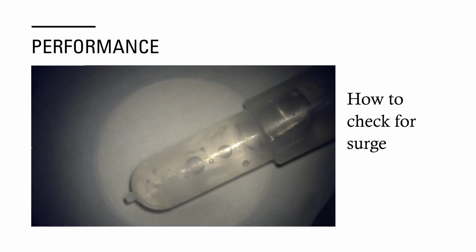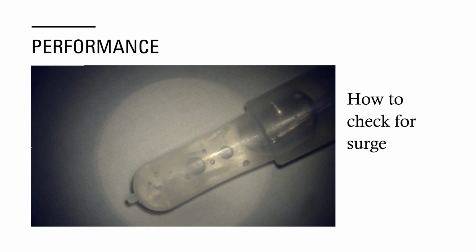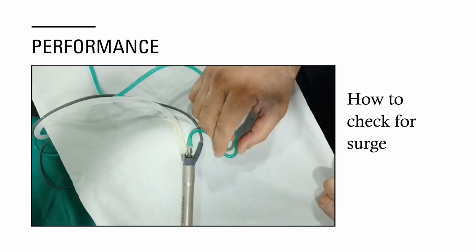This can be checked again and again, and you will know what vacuum is suitable for your machine. In that scenario, you need to reduce the amount of vacuum, and you should have absence of surge. This should be checked for any given machine.